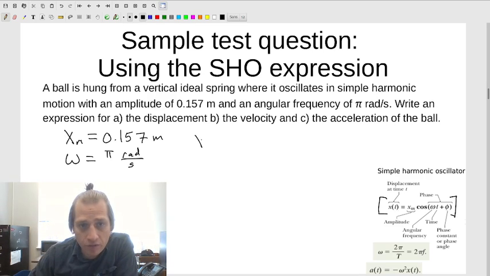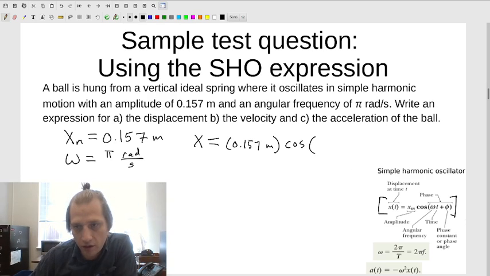The x versus t would be this expression. So it would be x equals 0.157 meters times cosine of pi radians per second t.